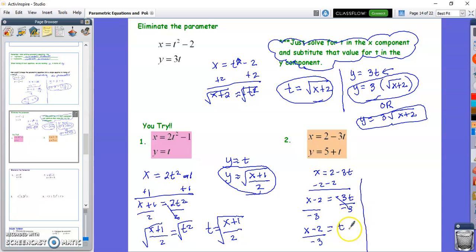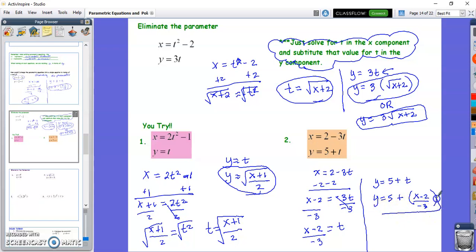Now, since I solved for t already, I am going to plug the value of my t into my y component. My y component is y equals 5 plus t. Since my t is equal to x minus 2 over negative 3, replacing that, I have y equals 5 plus x minus 2 over negative 3.